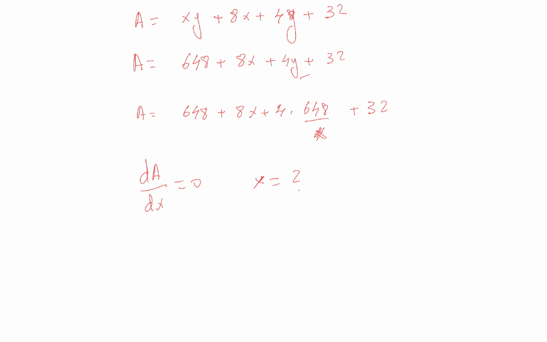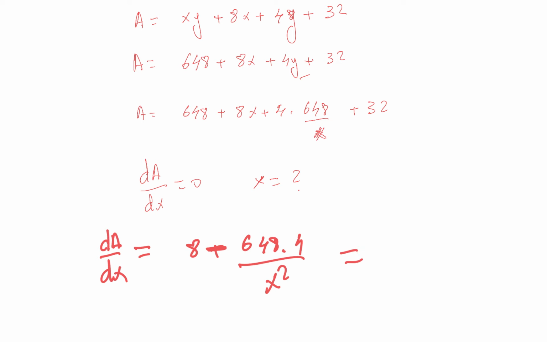So I have this area. What is the derivative of A with respect to x? The derivative of A with respect to x is 0 plus 8 minus 648 multiplied by 4 divided by x squared. The derivative of 32 is 0.